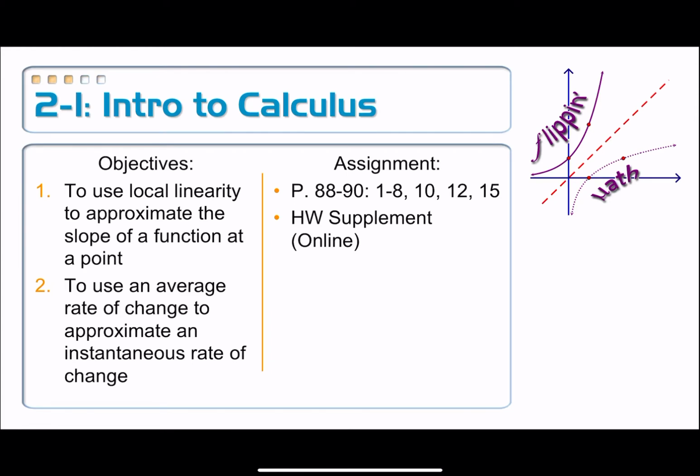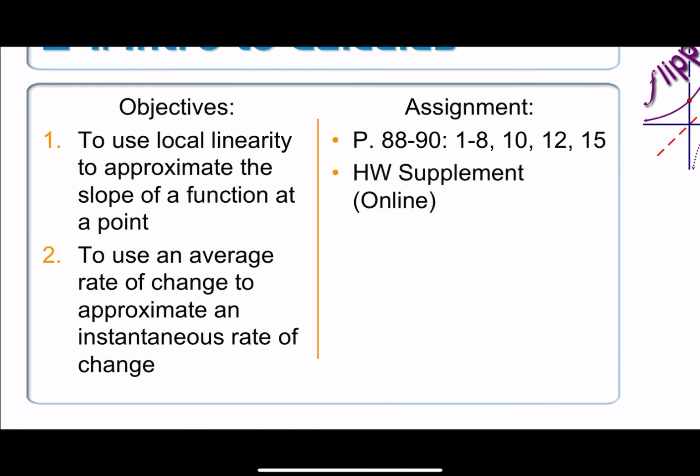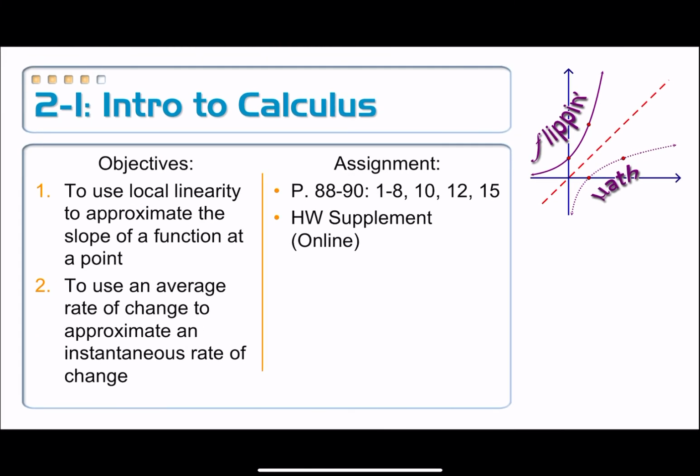So what we're talking about here is that locally, if I zoom in enough on a particular kind of function, it looks like a line, which is convenient because that gives me the ability to find the slope of the function at a particular point.